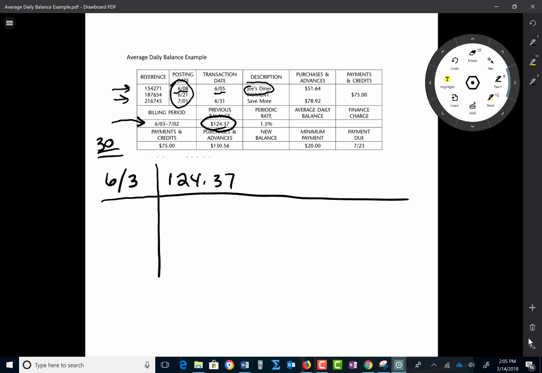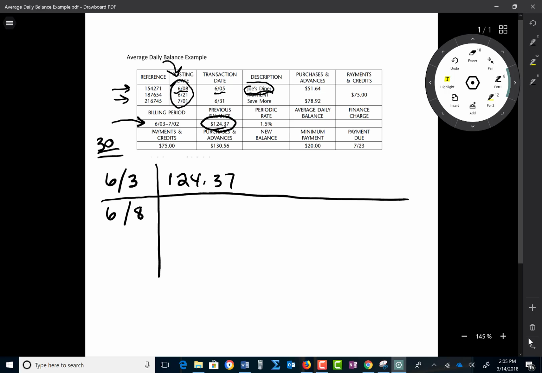$124.37. And you can see in the transaction list on the 8th, a purchase that you made posted. And remember that this is a credit card, so when you make a purchase, you are adding to your balance. So I'm adding $51.64.